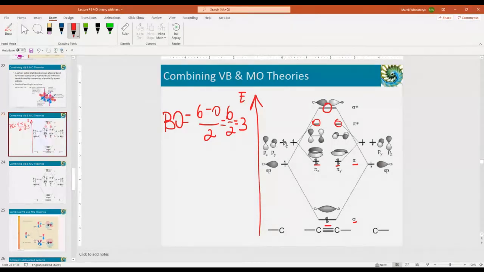And you see we have two p orbitals, pz and py, and of course on the other side pz and py. So py from the right side will interact with the py from the left side, and pz from one side will interact with the pz on the other side. It's not pz with py. It's always the same orientation; if you have a different orientation, there will be no bond.